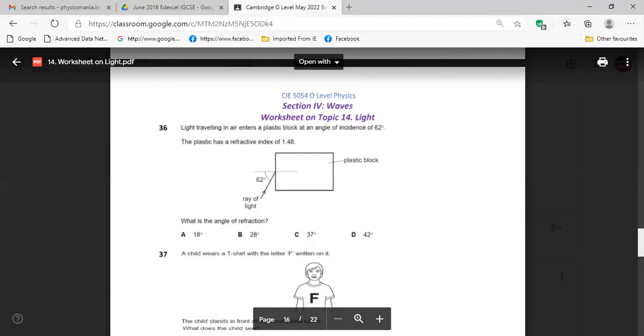So how did you get it? n equals sine i by sine r. It should be sine i by sine r. Why? Because it's from rarer to denser. If it is from denser to rarer, then it is sine r by sine i. So what's your answer? C.